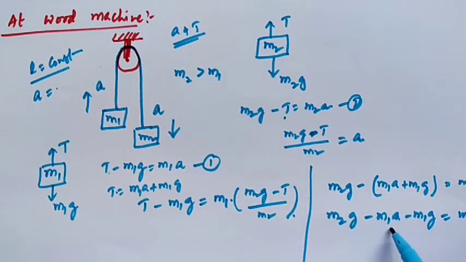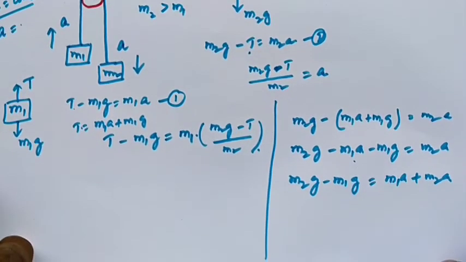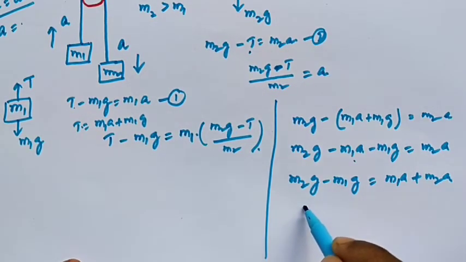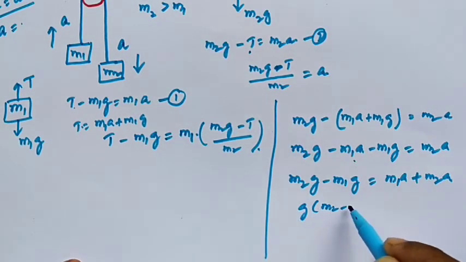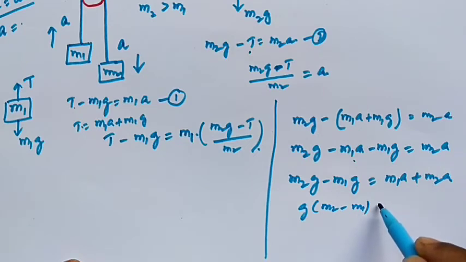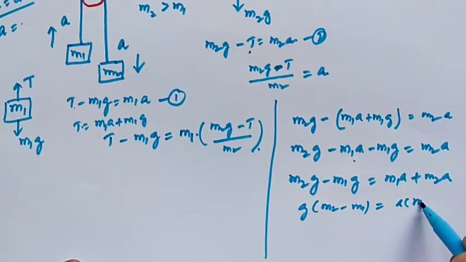Send the a terms to that side. Therefore, m2g minus m1g is equal to m1a plus m2a. Now take g common, so (m2 minus m1) g, and take a common, so (m1 plus m2) a.